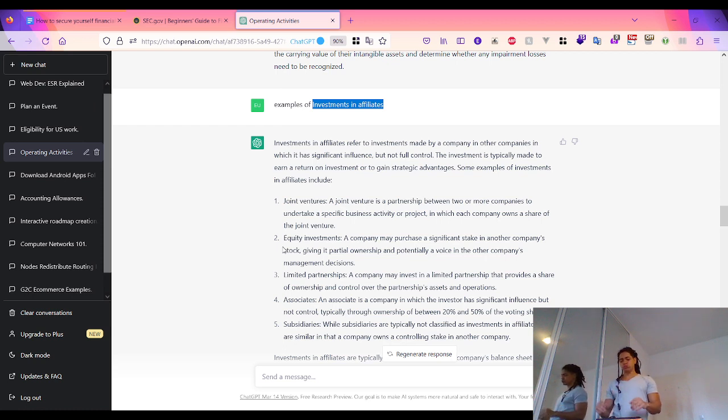Okay, good. So yes, this investment in affiliates: a company, or even individuals, you can see yourself as a company, invests in other companies to gain some influence but not total control. The whole idea is to earn a return from the investment or to gain strategic advantage.